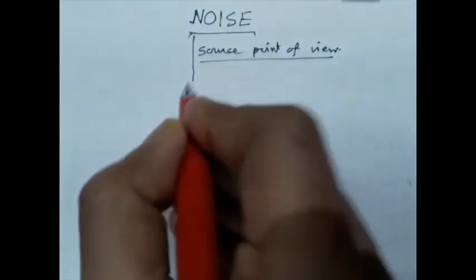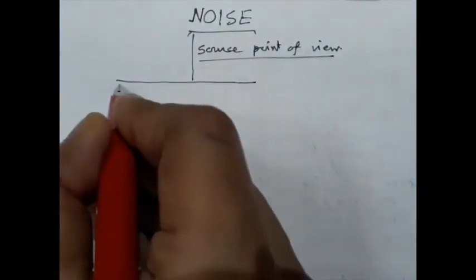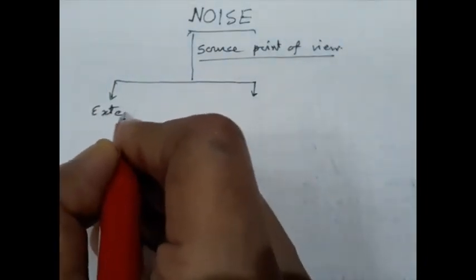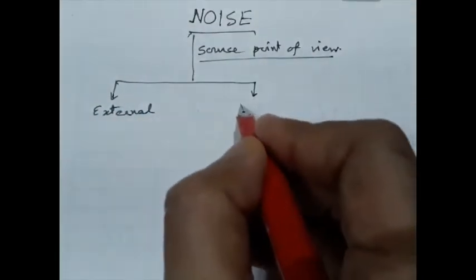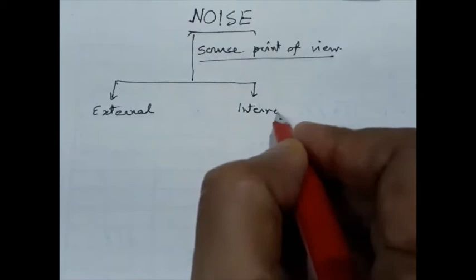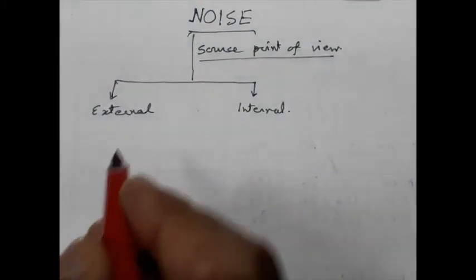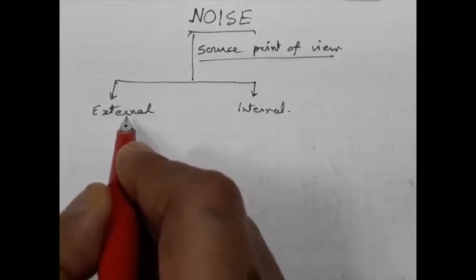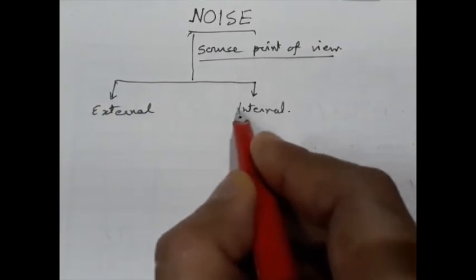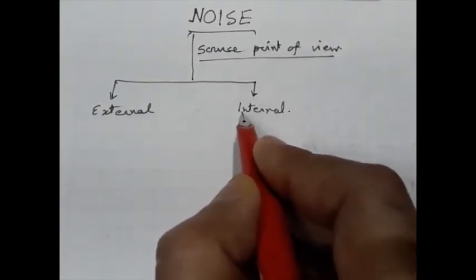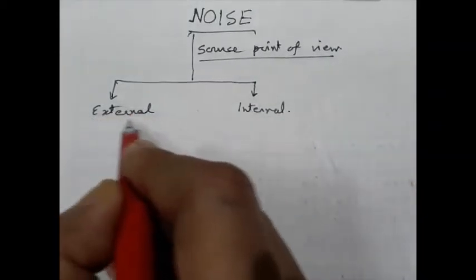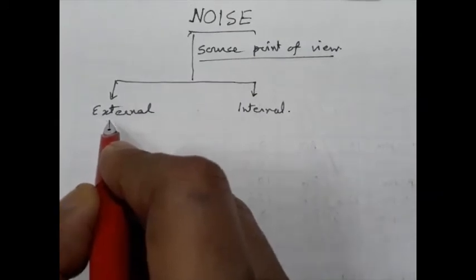Noise may be classified. The main classification is one, external, and second one is internal. External means the noise source is external to the communication system, and internal means it is internal to the communication system. That means noise is generated within the system itself. And for external noise, the noise is actually coming from the outside of the system.